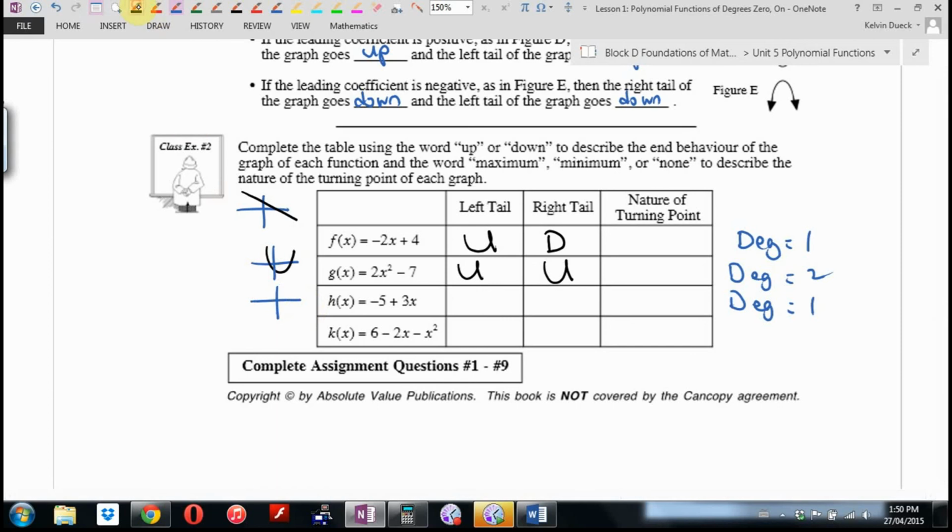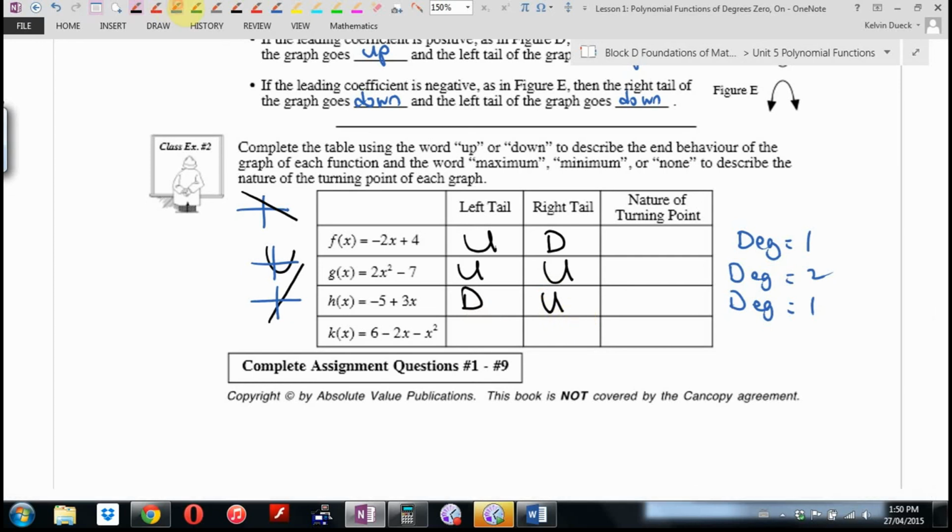What's the y-intercept of this thing? Oh, it looks something like that. So what can you tell me about the left end behavior? What about the right end behavior? Last one.